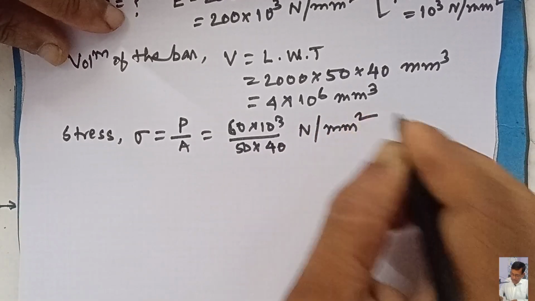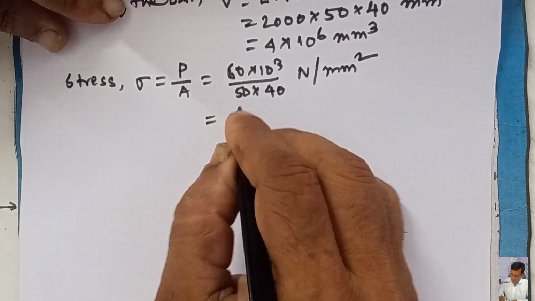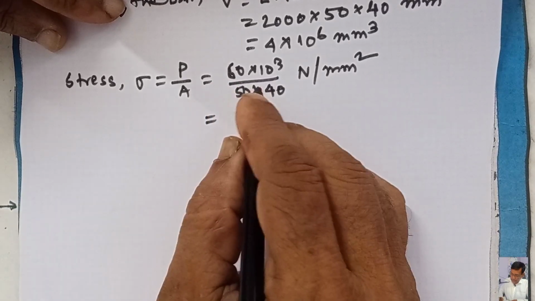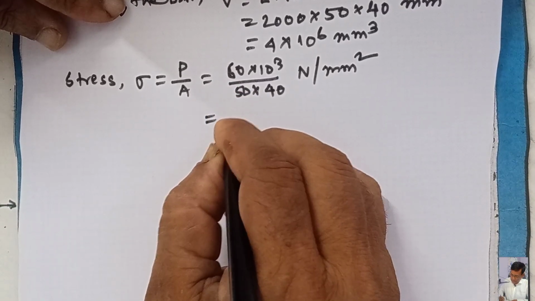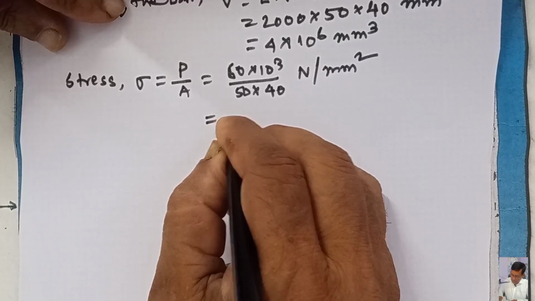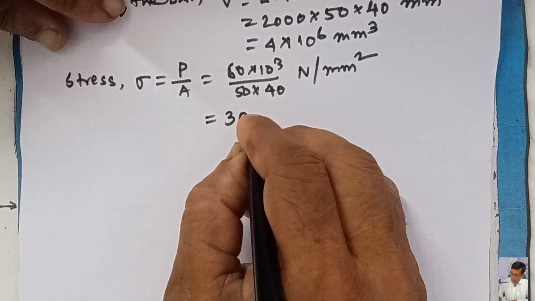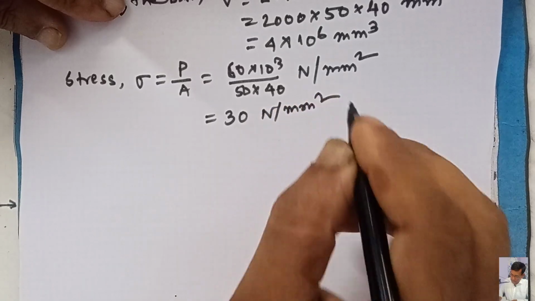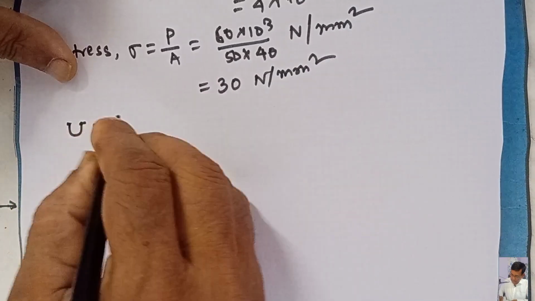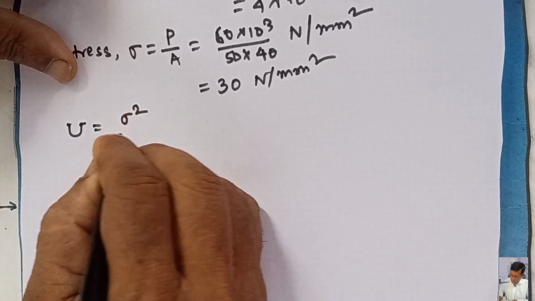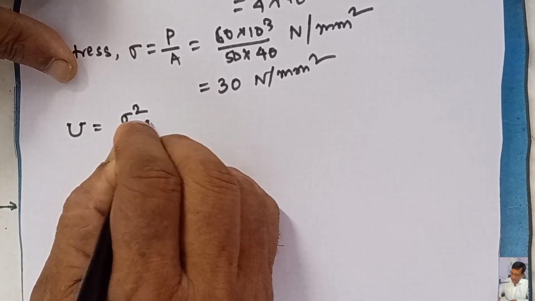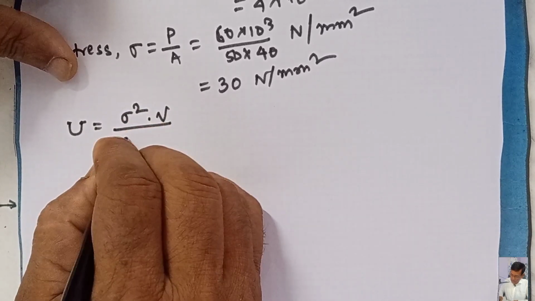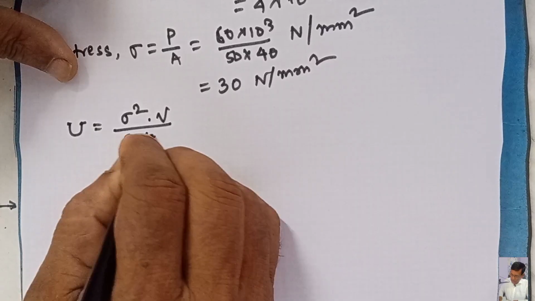Newton per millimeter square. If we cancel, it will be 30 Newton per millimeter square. U is equal to sigma square into V divided by 2E.